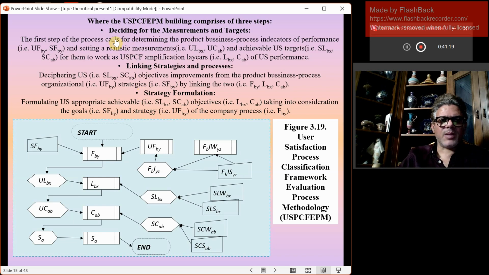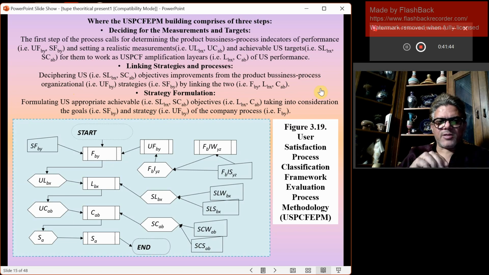So we're here: linking strategies and processes, deciphering user satisfaction through the SL and the SC, objective improvements from the product, business, process, organization.